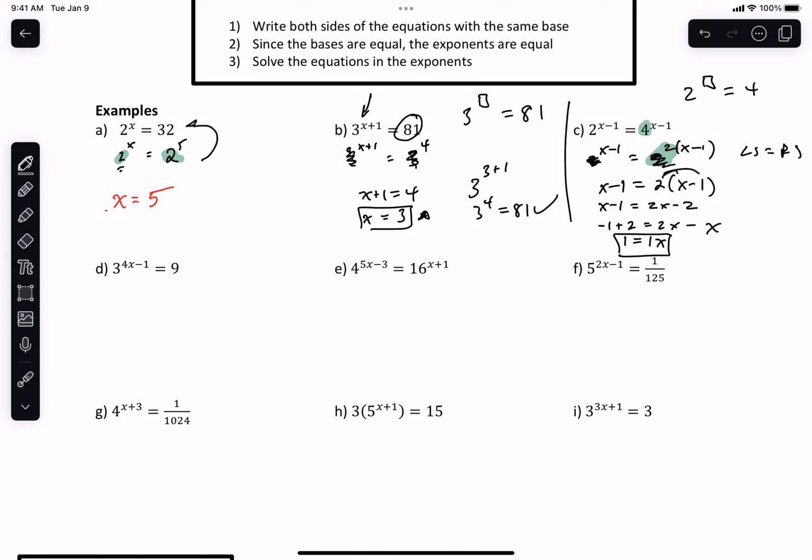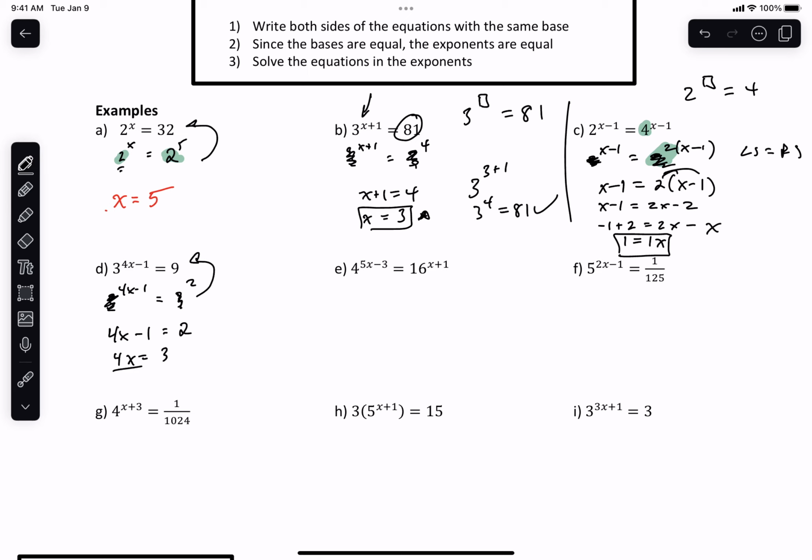Okay, the next one. 3 to the 4x minus 1 has to equal 3 squared, because 3 squared is equal to 9. Once the bases match, you ignore them, and you get 4x minus 1 has to equal 2. 4x is equal to 3.